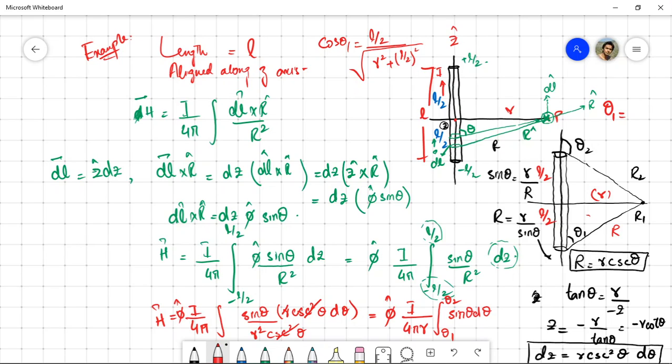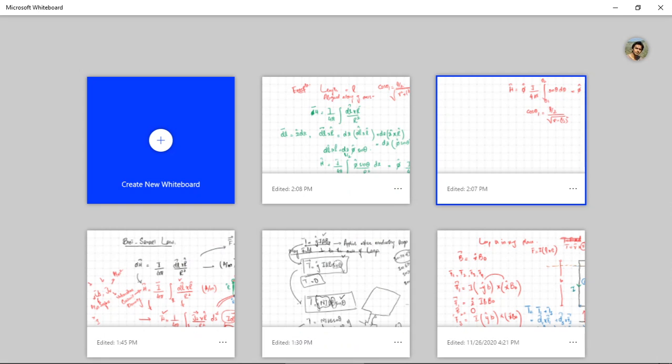We have placed this triangle at the origin. So theta 1 must be equal to 180 degrees minus theta 2. This is theta 2, and if we subtract theta 2 from 180 degrees, we'll get theta 1.